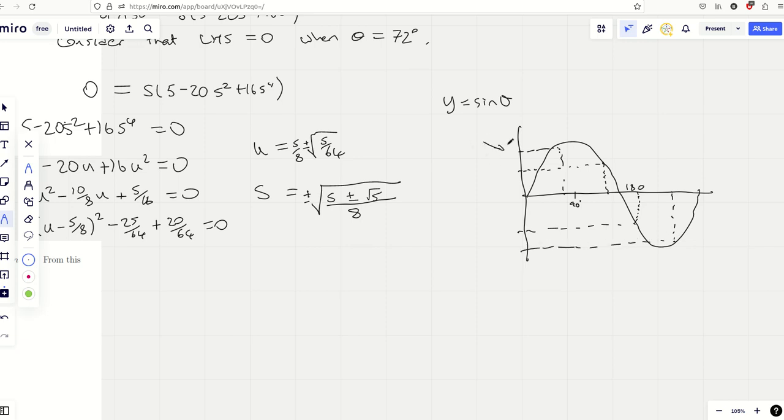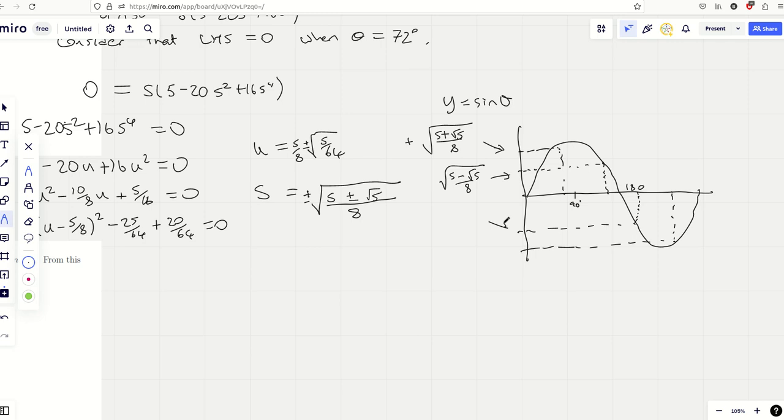This one corresponds to the one we want, which is plus root 5 over 8. This one corresponds to, because it's slightly lower, just by reasoning it's slightly lower, 5 minus, it's still positive, isn't it? 5 minus root 5 over 8.